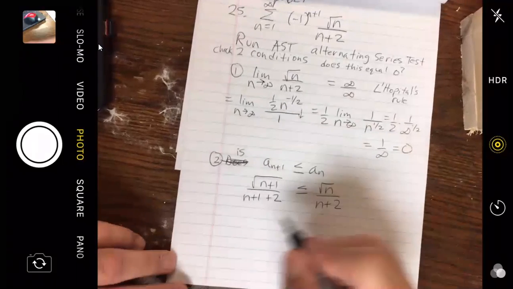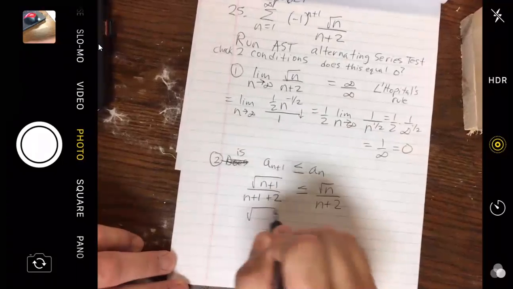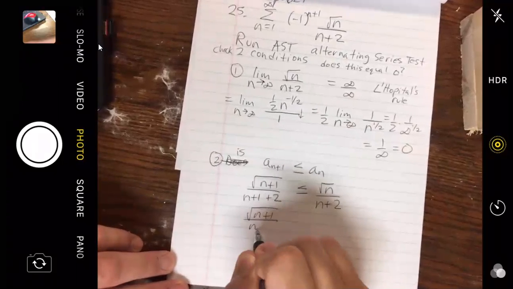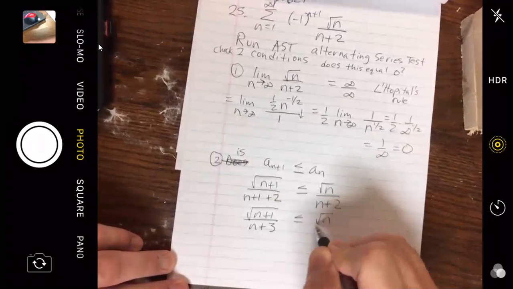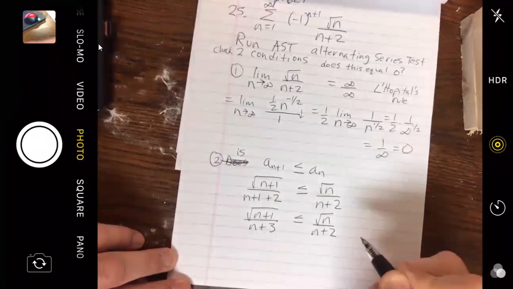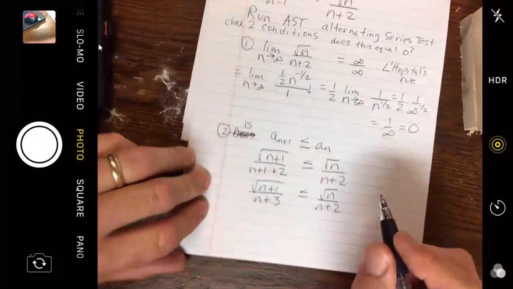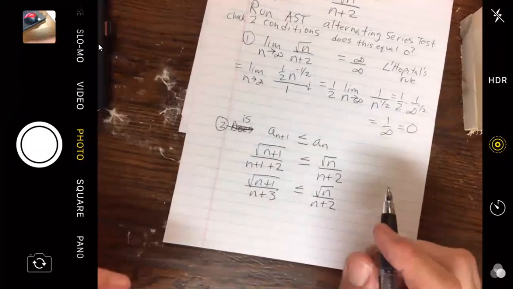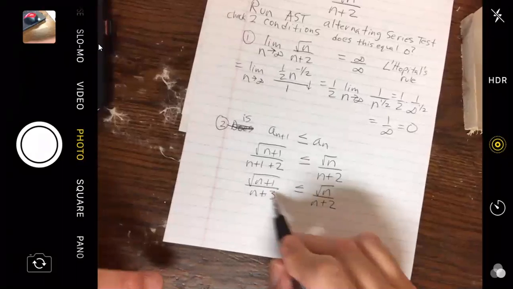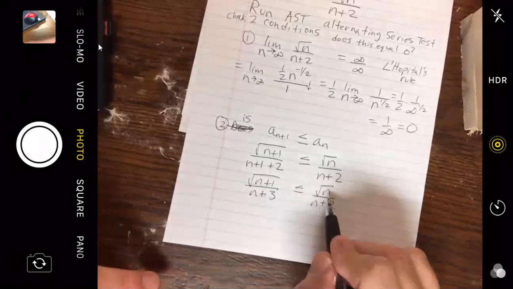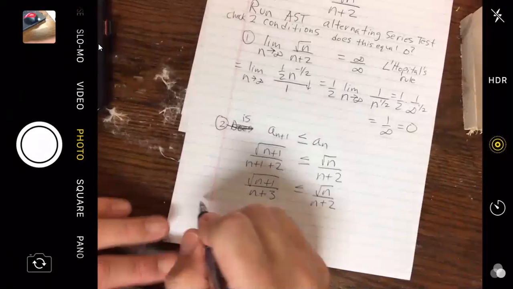Something like this. You see on the bottom here, you're getting square root of n plus 1 over n plus 3 less than or equal to square root of n over n plus 2. This gets fuzzy with your n's in both spots. This is larger than this, but then this is larger than that. I usually resort to a calculator.